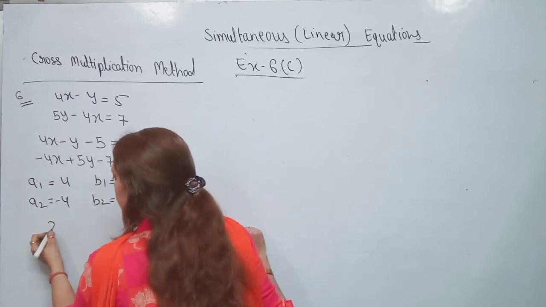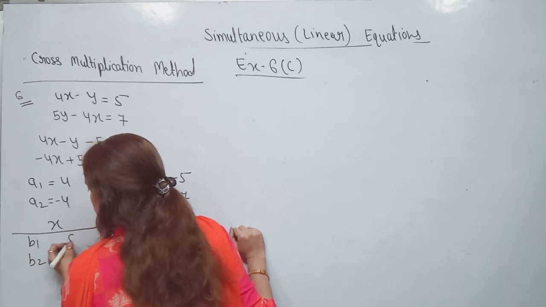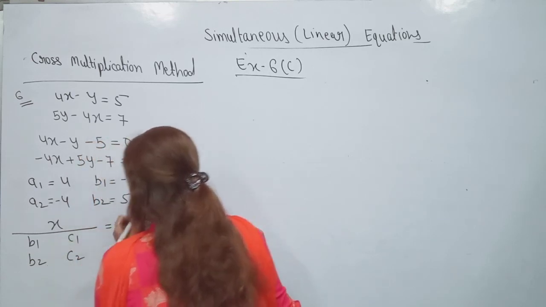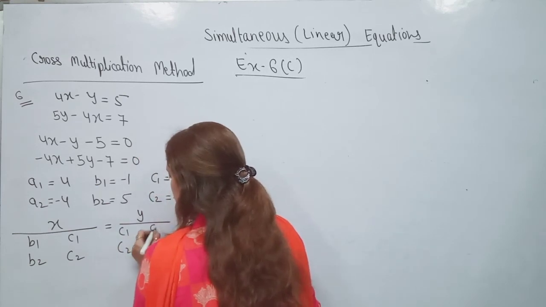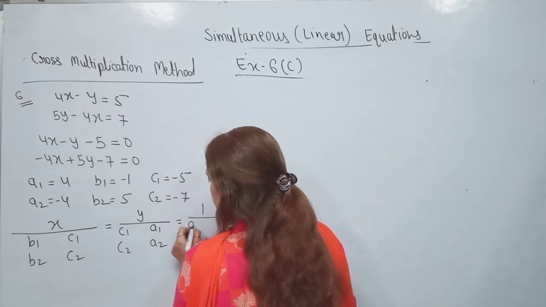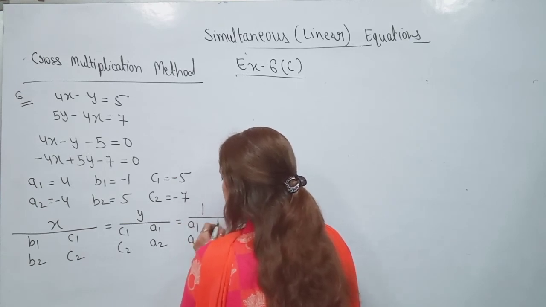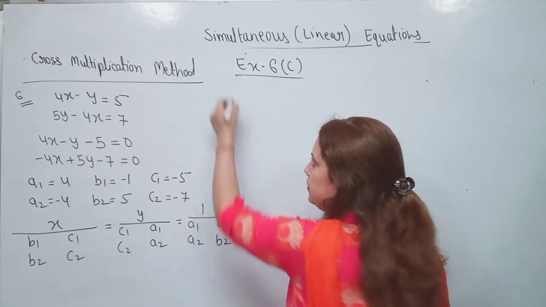After that apply the formula: x upon b1 b2 c1 c2, y upon c1 c2 a1 a2, is equal to 1 upon a1 a2 b1 b2. Okay, and after that put in the values.